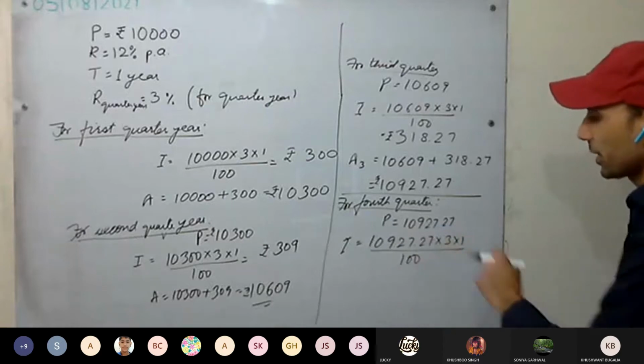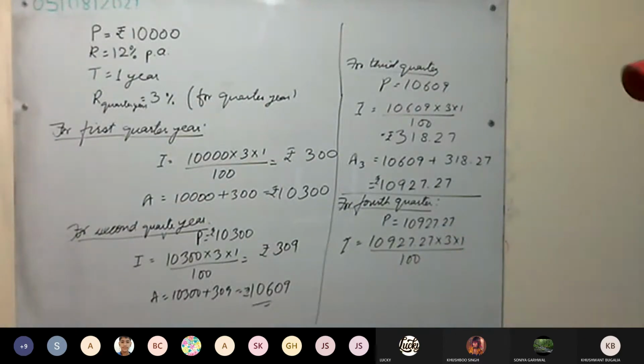Multiply the whole number with 3 and divide by 100. How much are you getting?